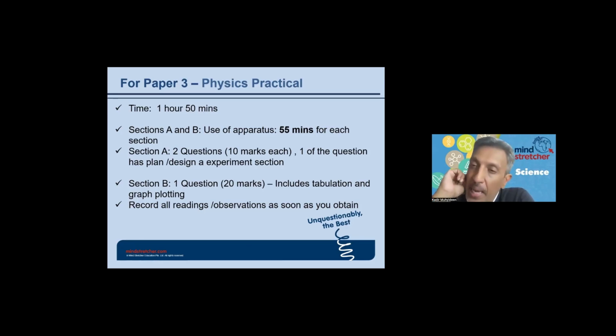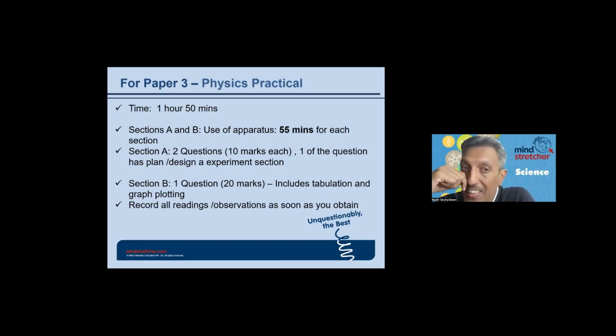What can happen is you may start with section A and another student will do section B, or either way. Then after 55 minutes, you will swap tables. That means you cannot use the apparatus for section A or section B after that. So you have to do everything related to section A in that 55 minutes. Why do I say 55 minutes? Because the entire paper is 1 hour, 50 minutes.